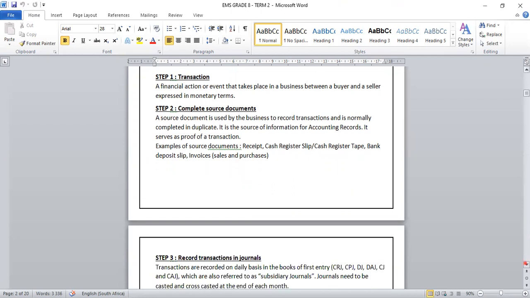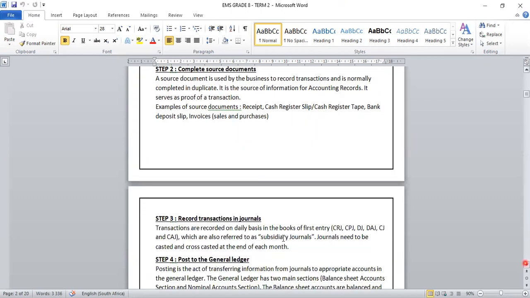After completing a source document, we move to step 3, recording of transactions in the journals. Transactions are recorded on a daily basis in the books of entry, which are CRJ, CPJ, DJ, DAJ, CJ, and CAJ. In grade 8, we focus more on the CRJ, which is the cash receipt journal, and the CPJ, which is the cash payment journal.